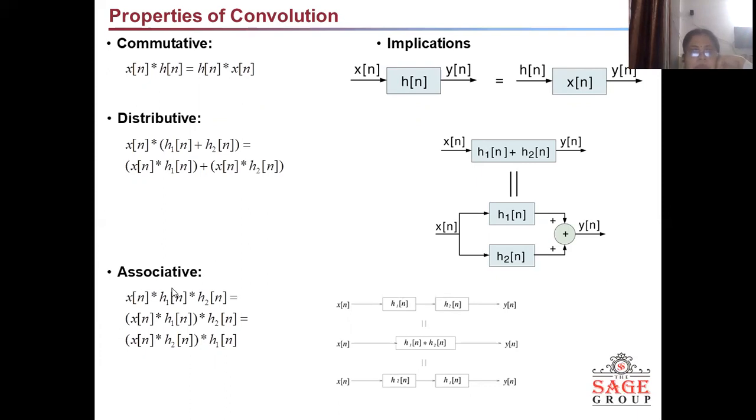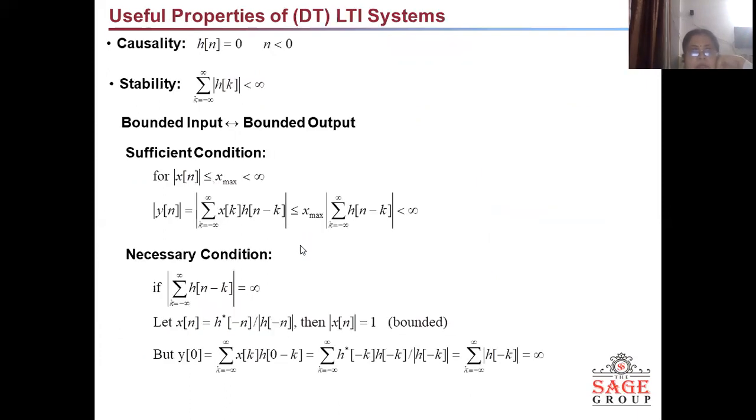So this represents the associative property. Now causality, some more properties of the discrete time LTI system. Causality means that h[n] is 0 for n less than 0, which means that for n less than 0, we do not get any output. So the impulse response of the system is also 0 for n less than 0.